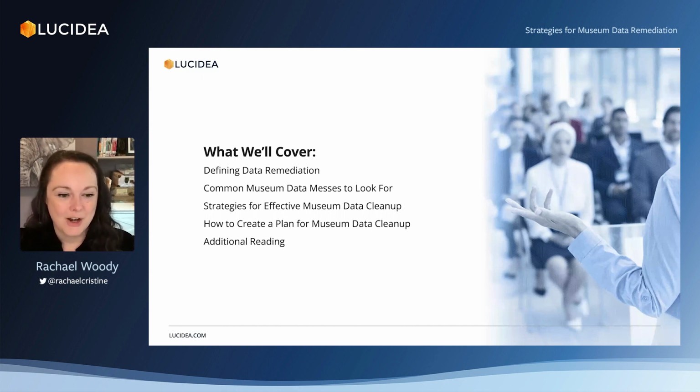So we'll have a common message to look for, and then we'll go over some strategies that I often use or share with my clients on how do you even go about cleaning up data messes or doing that data remediation, and how to create a plan for that. So we're going to look at the usual problems and issues that can crop up, and then how to actually put a strategy together and deal with the data. So with that, we will jump into it.